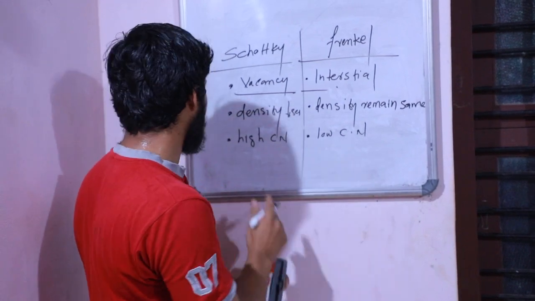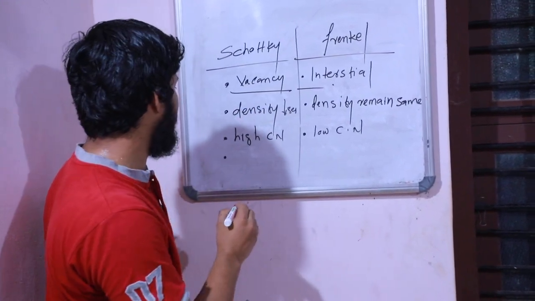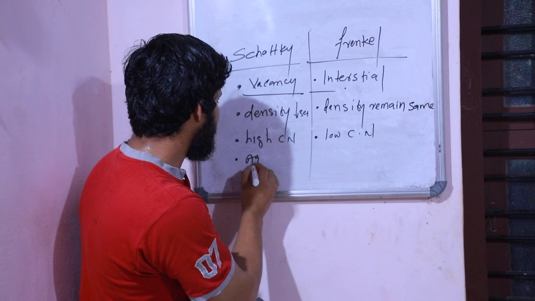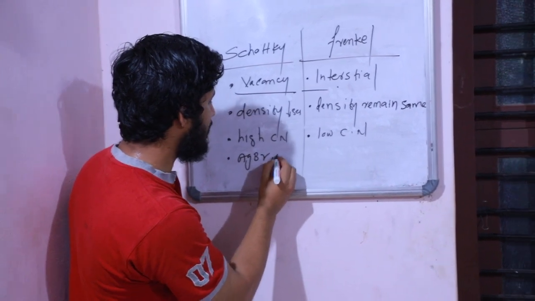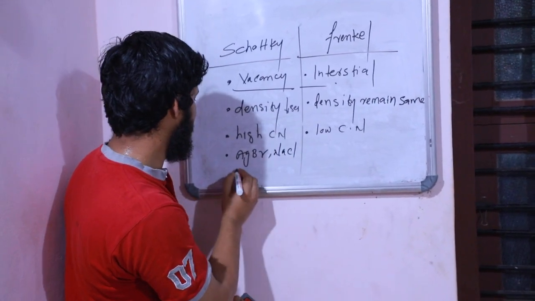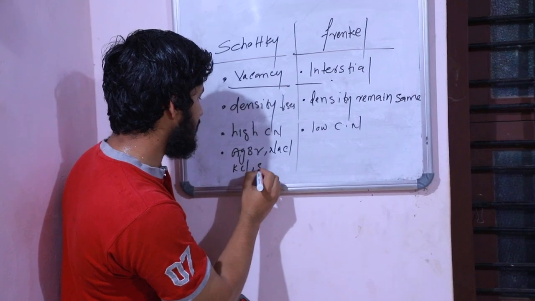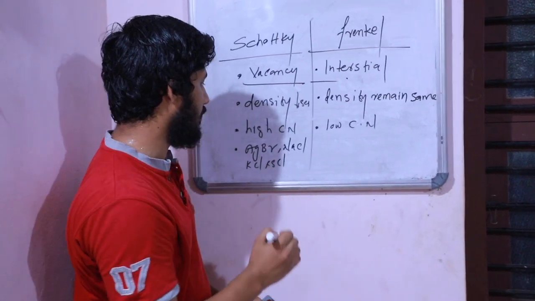Compounds showing the Schottky defect include sodium chloride, potassium chloride and cesium chloride.